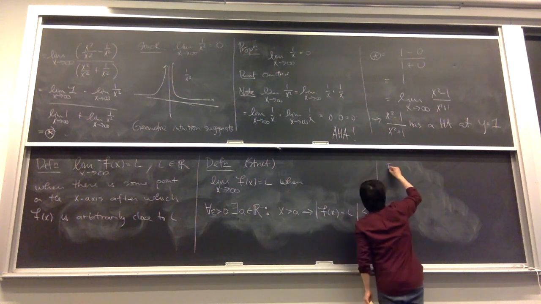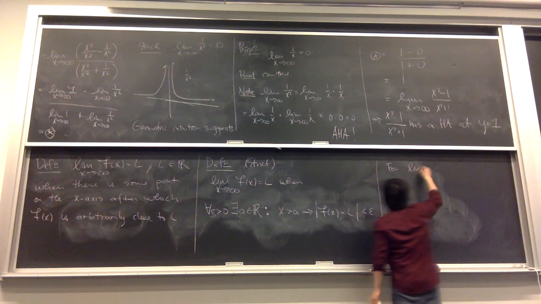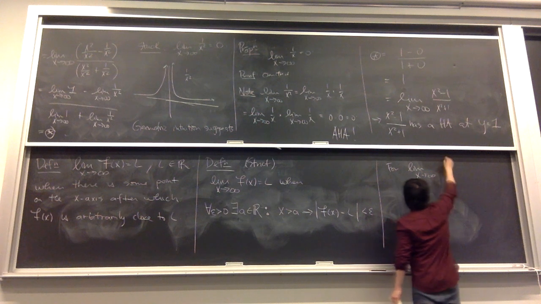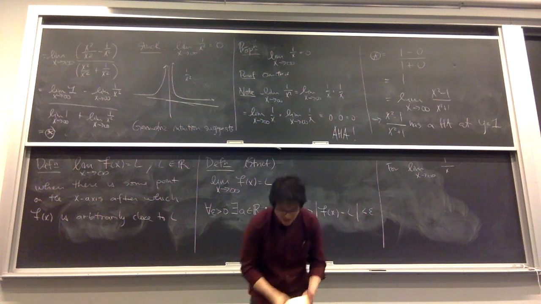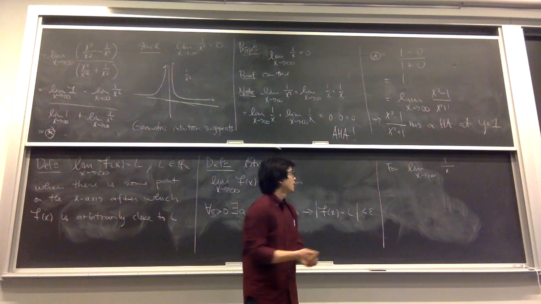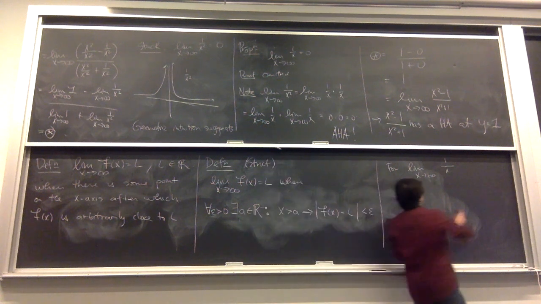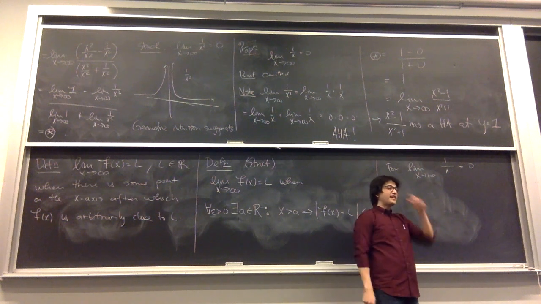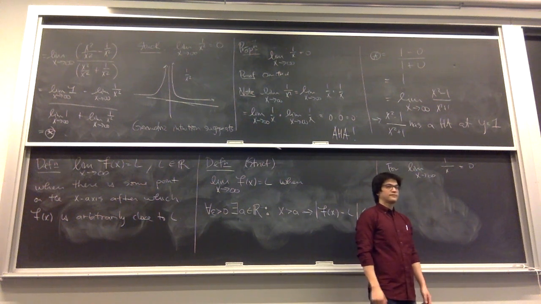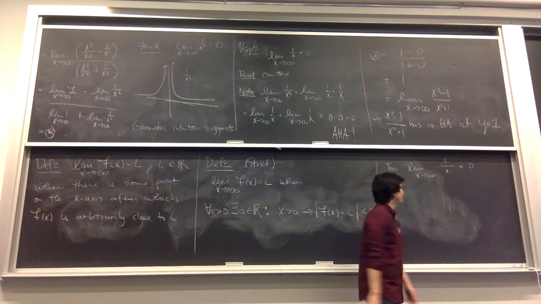So for the limit as x goes to infinity of 1 over x, this is how you'd have to prove it. We're not going to ask you to, but this is the game. If I claim that this is equal to 0, someone give me a really tiny number. Tiny. 1 over a million. Okay.